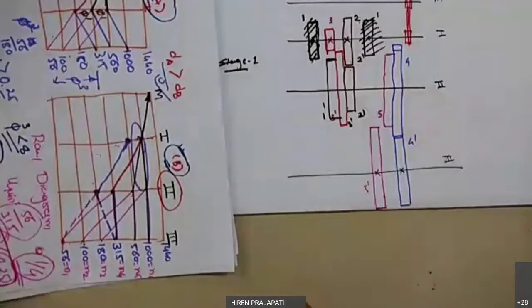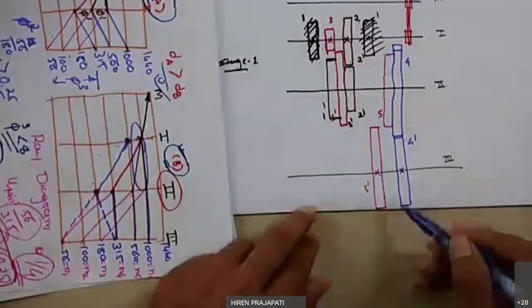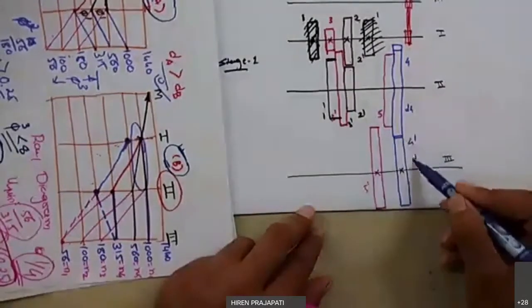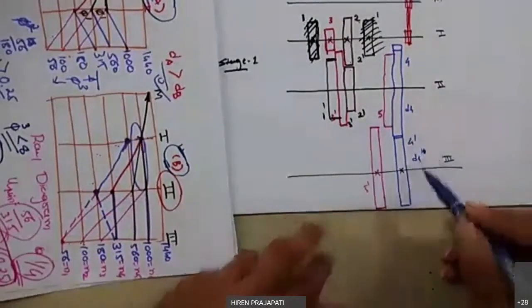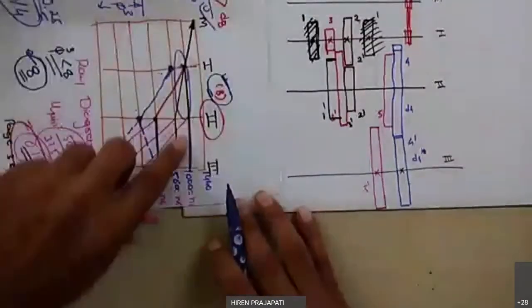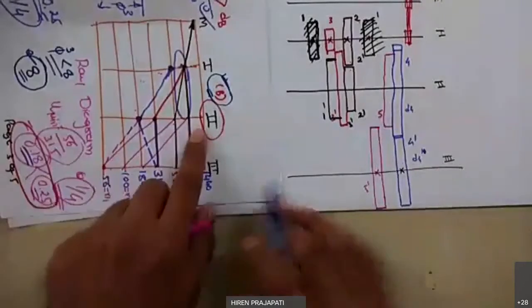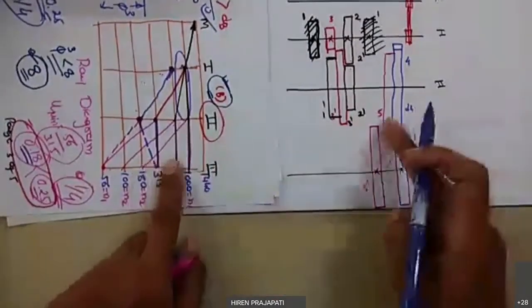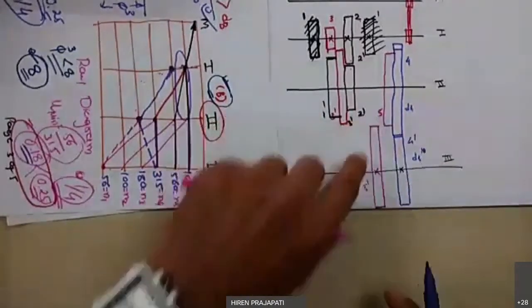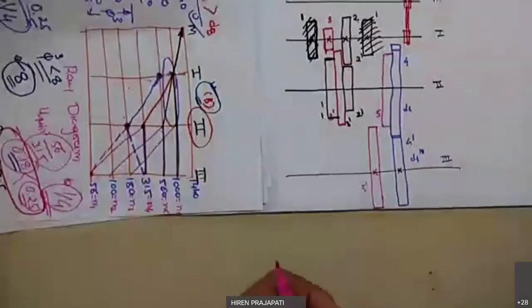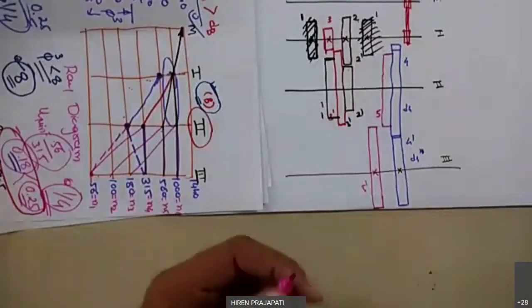So if I engage 4, 4 dash, and if you consider D4 and D4 dash as the same, both equal, then we get the same speed, this line. But if I engage 5, 5 dash, then this diameter of 5 dash is large compared to 5, so we get reduction. So this is a rough idea about the gearbox arrangement.